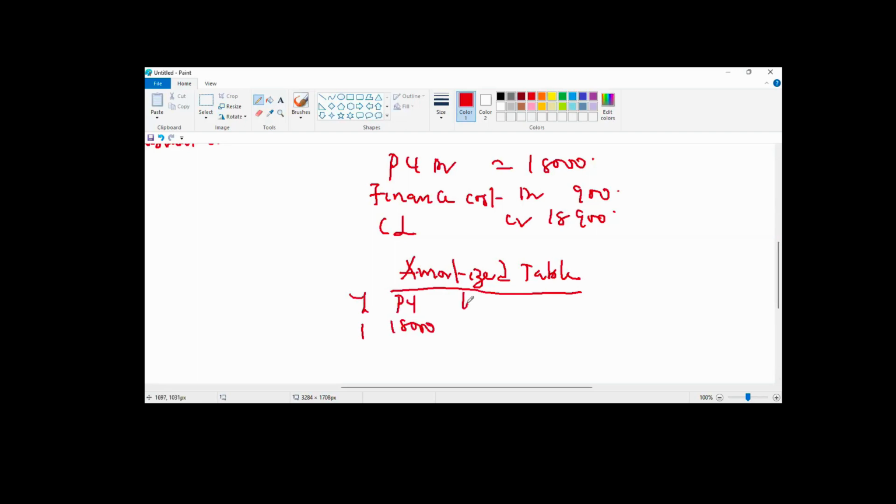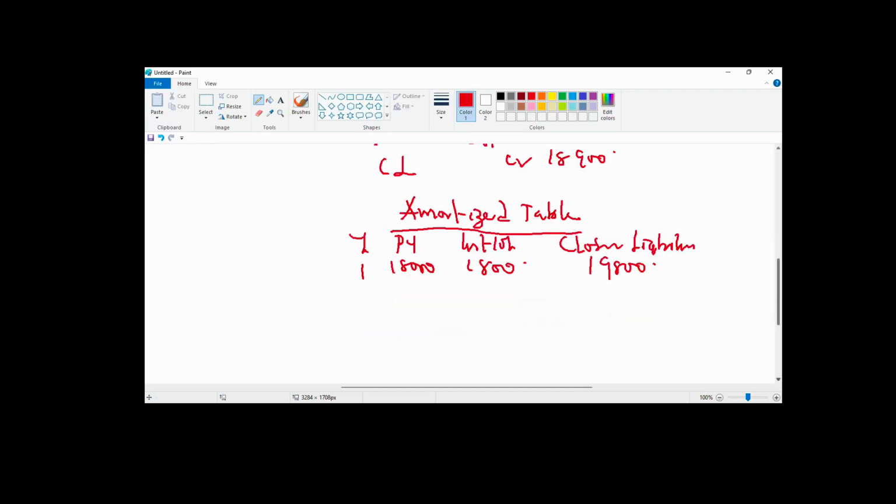At what interest rate? 10%. Closing liability. 10% of this will give me 1/8. 1/8 plus this will give me 19,800. But I only need interest of 6 months by saying 1/8 by 6/12. The same thing.